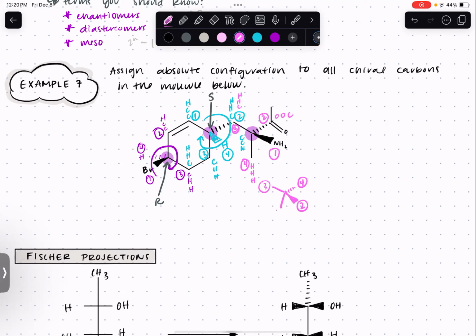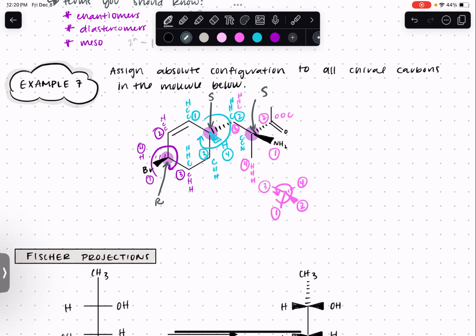And then number 1 ends up down here. Then we can go through and do our arrow. This one is S. So this carbon here, this one is also S. Does that make sense to everybody?